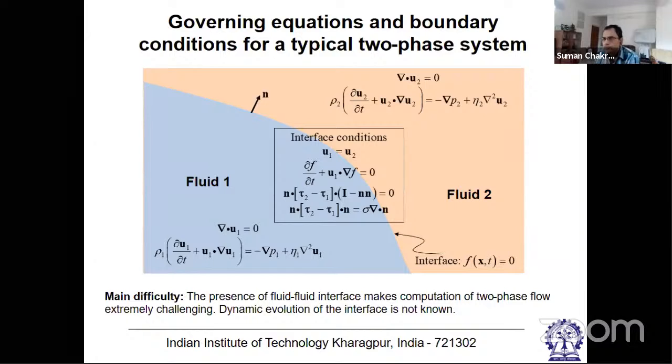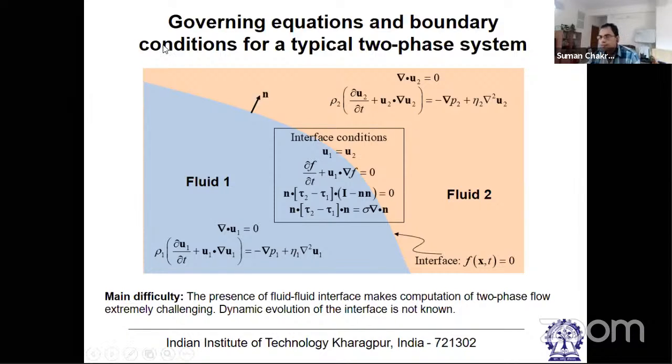If you think of how to solve these problems, we have to first develop a fundamental physical and mathematical insight of a two-fluid or a two-phase problem in fluid mechanics.